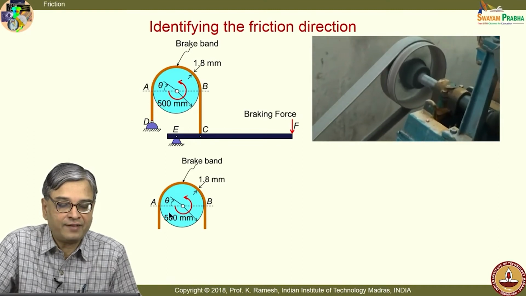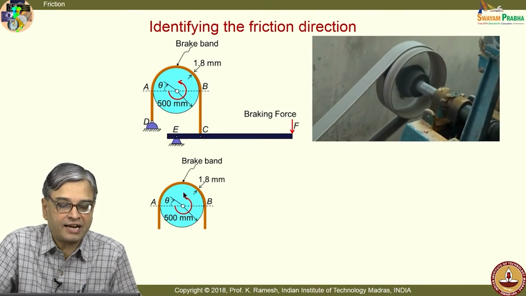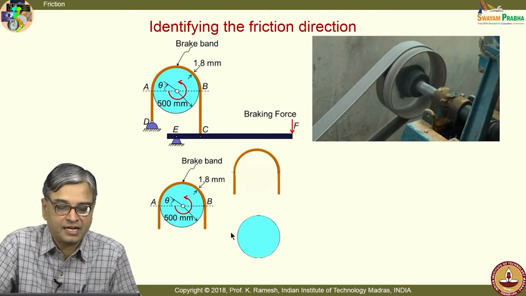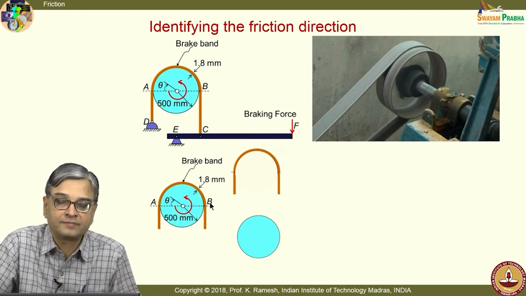The flywheel is rotating in the anti-clockwise direction and I separate the belt and the drum. Here you should recognize that the drum is providing the frictional force on the belt, which we have seen just now.